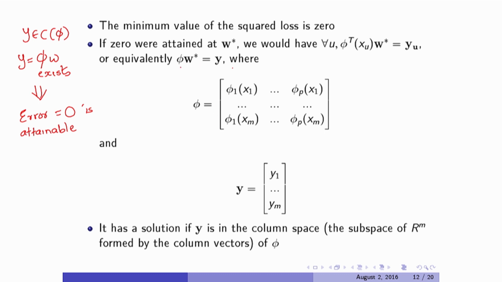This means that you could solve phi w star equals y using your favorite Gaussian elimination. If phi happens to be square, you could invert phi and so on. However, this is often not the case. And the simplest reason is that phi w star doesn't coincide with y for every observation. Or in other words, y is not in the column space of phi.